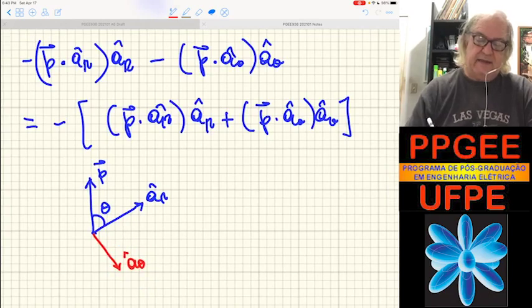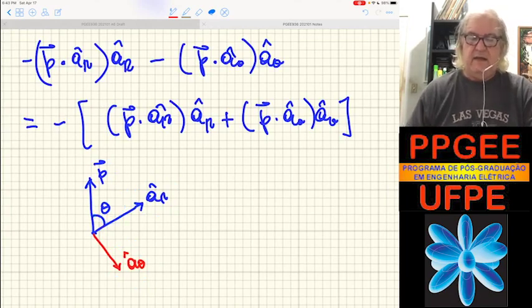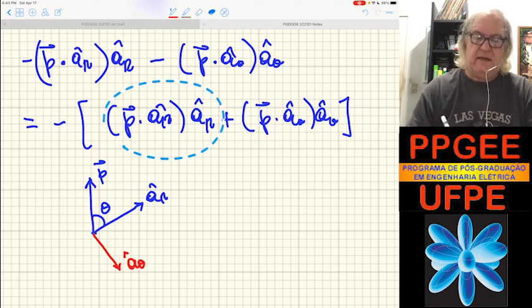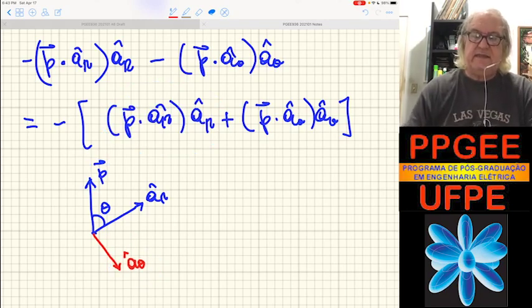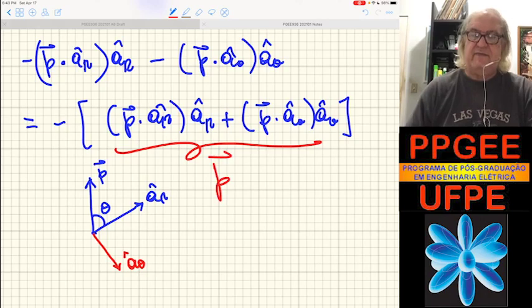So P dot AR is cosine theta. That's one component of P, in fact. The other one is P dot A theta times A theta. So this is nothing less than P itself.